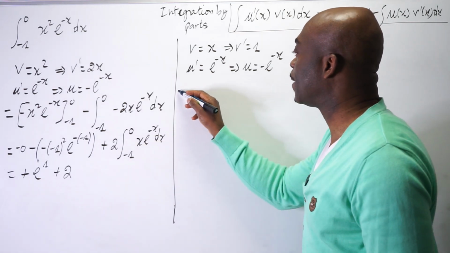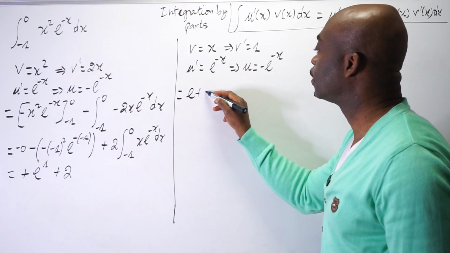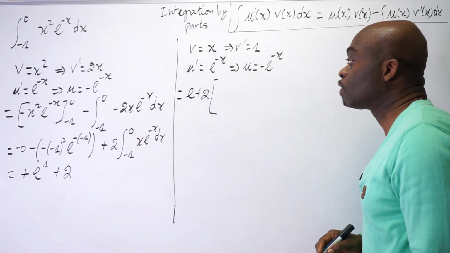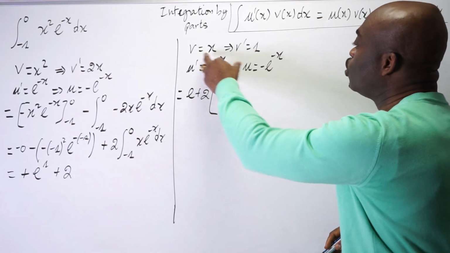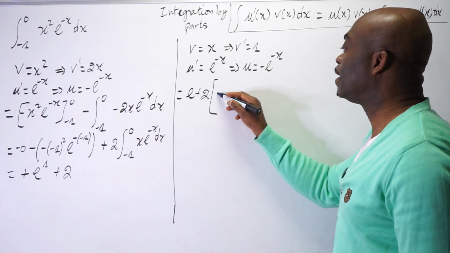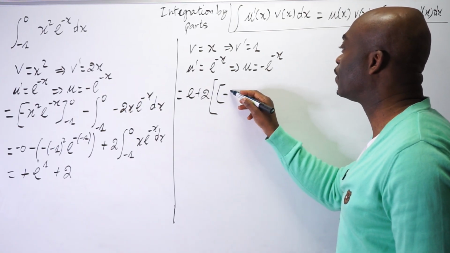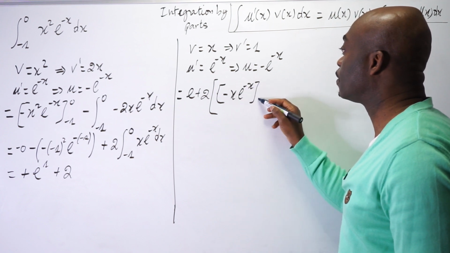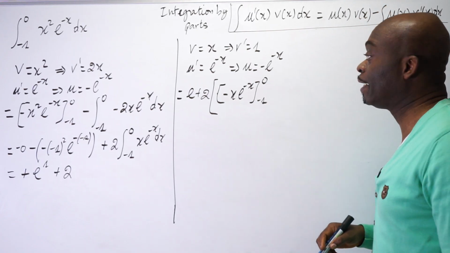But don't forget, this is equal to e plus 2 times, so put a bracket because the 2 will multiply everybody that follows, okay? So that's u times v, so that would be negative x exponential negative x, then negative 1 to 0, all right?